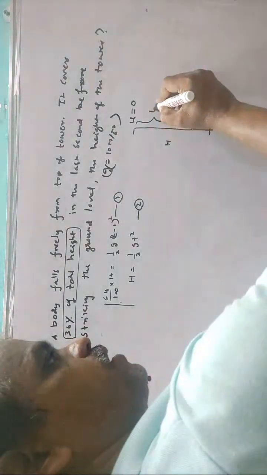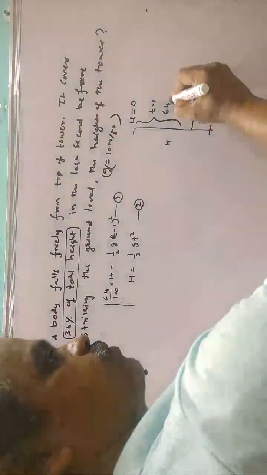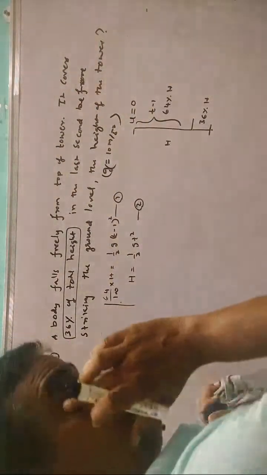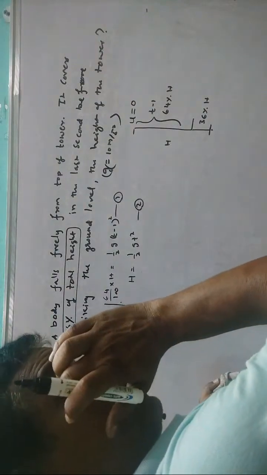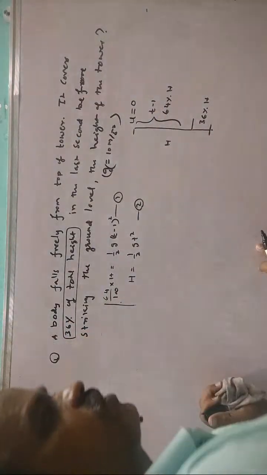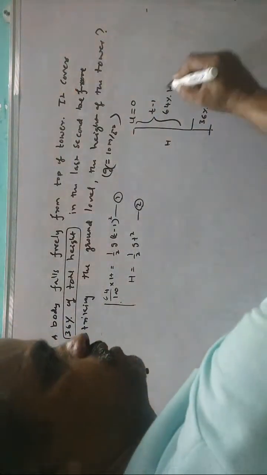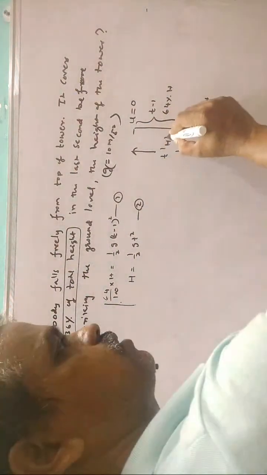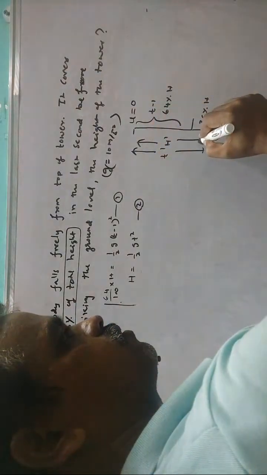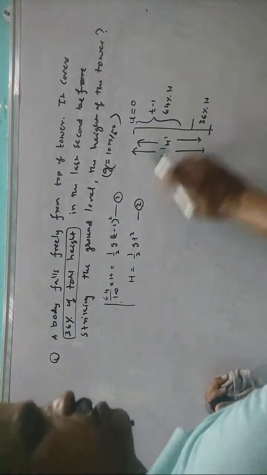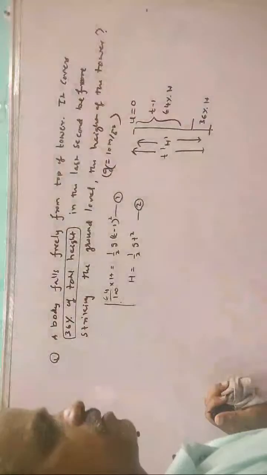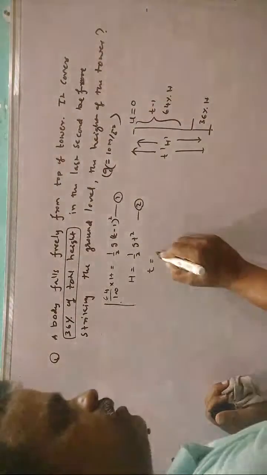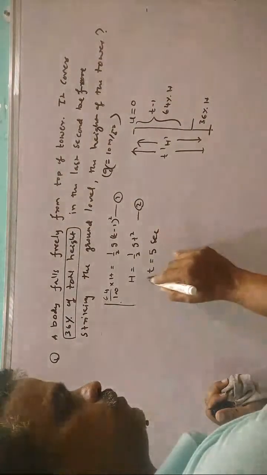Remaining in t minus 1 seconds, 64% of height. So my question is, what is the height of the tower? For this, by using the total time taken by the body t, total height of the body equal to h, based on this I wrote two equations. I solved for t, I got 5 seconds.